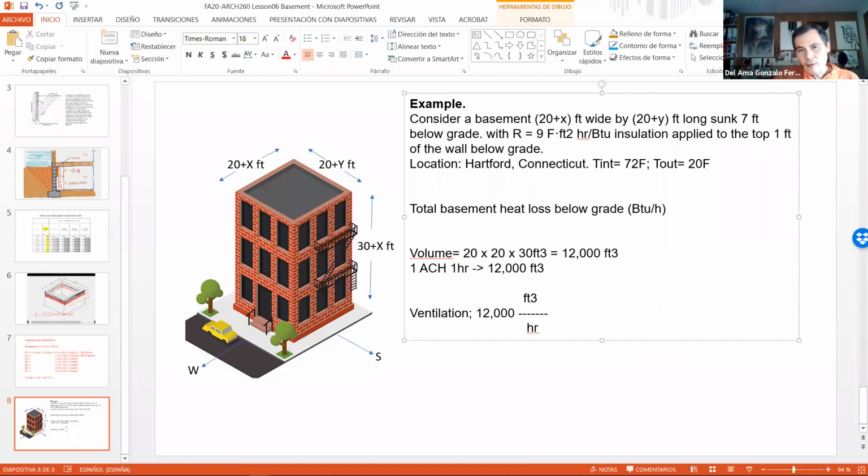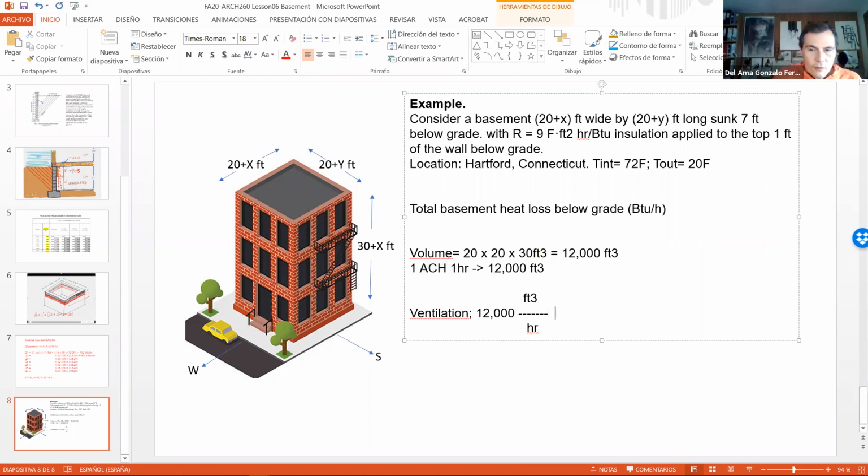So this is the ventilation. One air change per hour, in this case, because the volume is 12,000 cubic feet, is 12,000 cubic feet per hour.